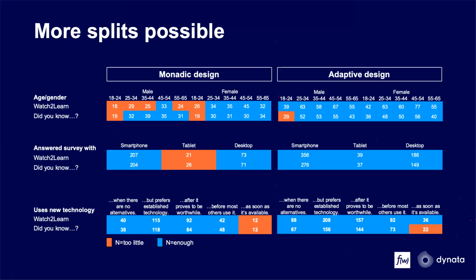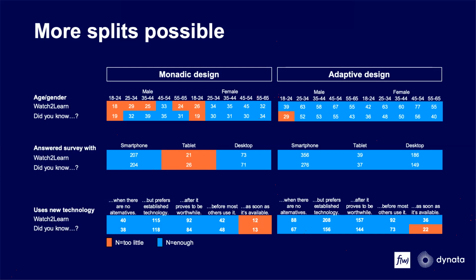On this slide, we can visually see that with the red areas, indicating that sample is small or limited, and that is more the case within monadic design. We have more red areas here, meaning limited sample availability. So certain data cuts by age and gender are limited in monadic, but possible in the adaptive design, in this case for the 2 top names.